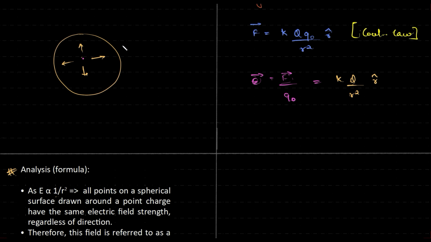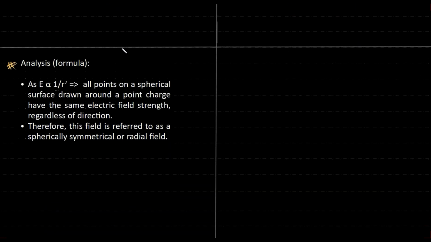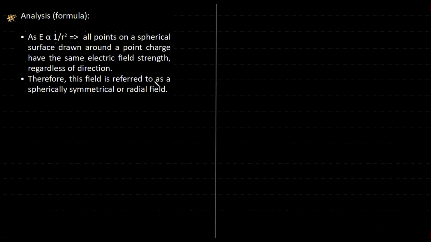Again, we are trying to study the pattern which any kind of charge will create around it. We are trying to understand the shape, to learn the pattern, right? So the pattern over here is what? It's spherical. Therefore, the field is referred to as spherical symmetry or radial field.